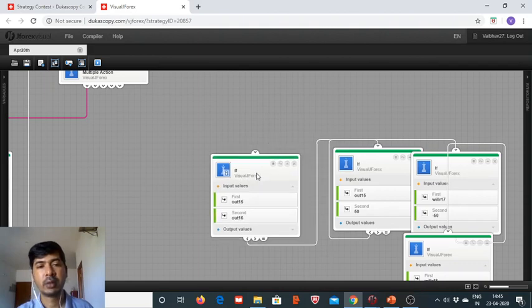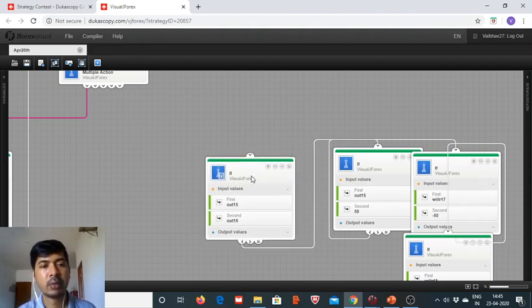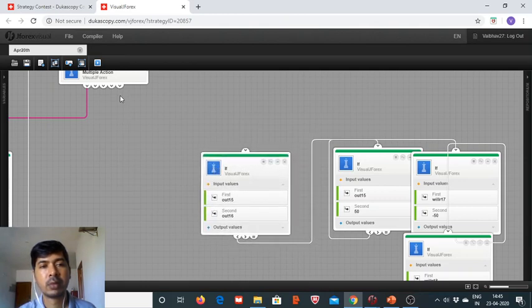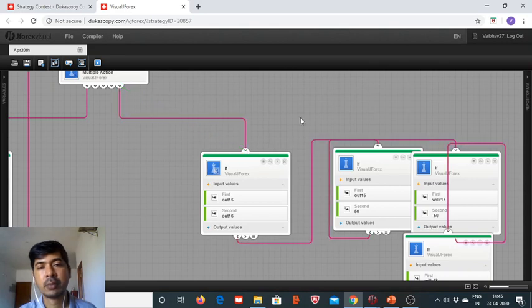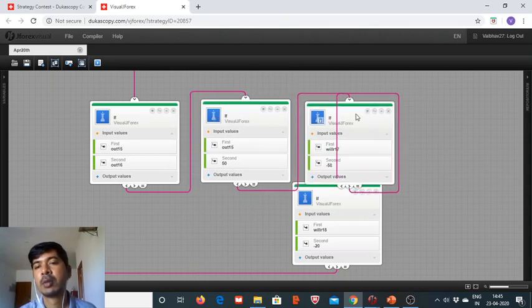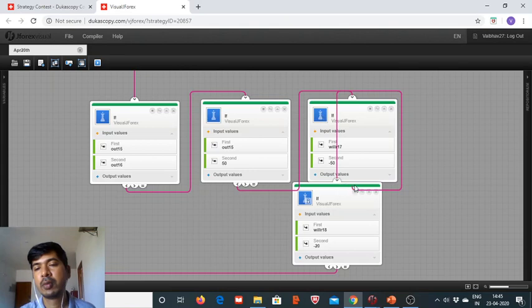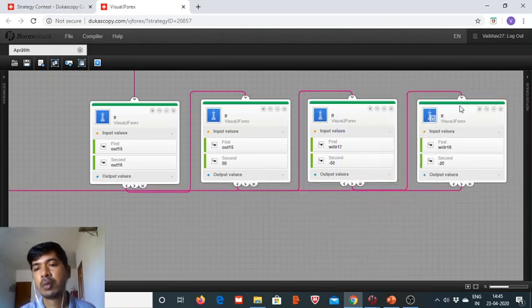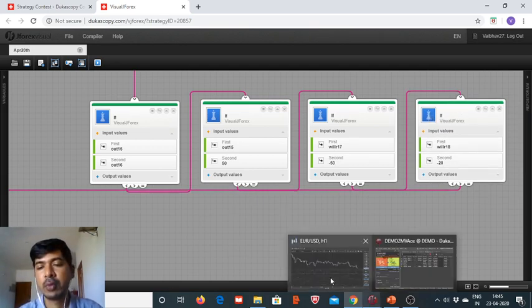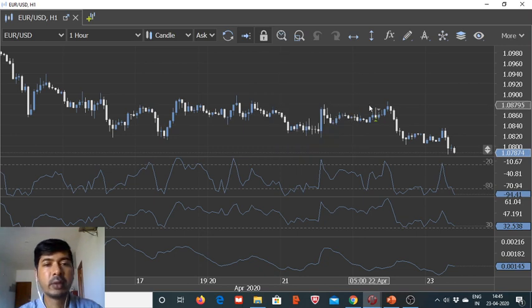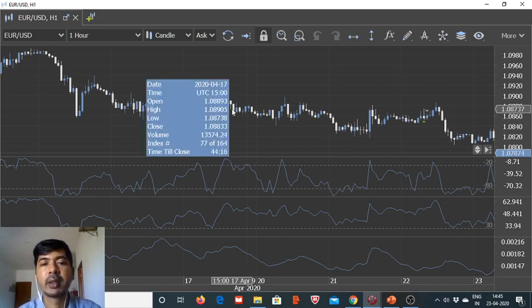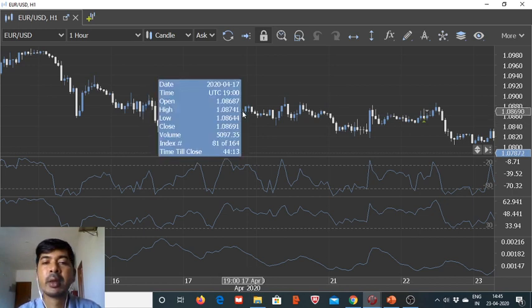Now we will need to look for the hourly price action. For that, we will be looking at the last candle and the penultimate candle here.